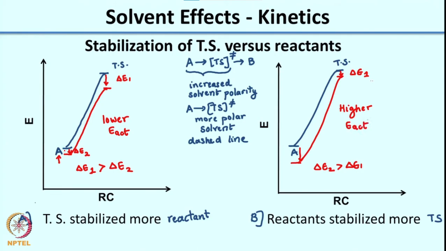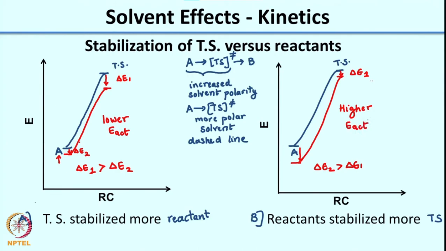The starting material, reactant, stability will be higher compared to the previous case, right? Stability will increase, but the stability of the transition state will increase more compared to the reactant. As we have mentioned here, the transition state is stabilized more compared to the reactant, right? If the polarity increases, the transition state becomes more stabilized compared to the reactant.